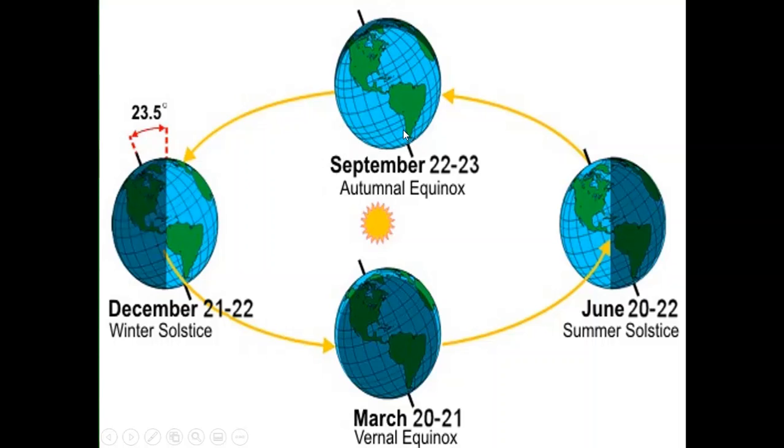So the sun appears to be a little farther down on the horizon. Now, 3 months later, December 21st, here is the Earth, here's the sun. Look up here.